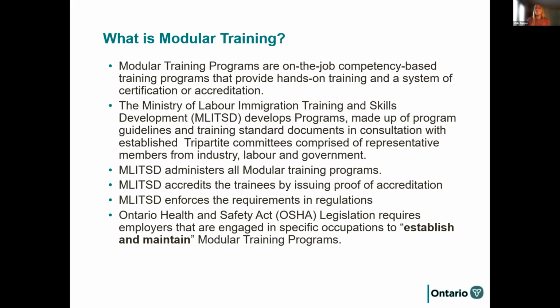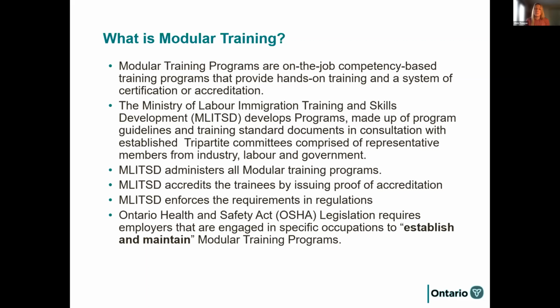And we are responsible for developing the program. It's made up of program guidelines and training standard documents, and all of this is developed in consultation with established tripartite committees. The tripartite committees have representative members from the industry, labour, and government. So it's done in conjunction with all of those people at the table to create the training program.